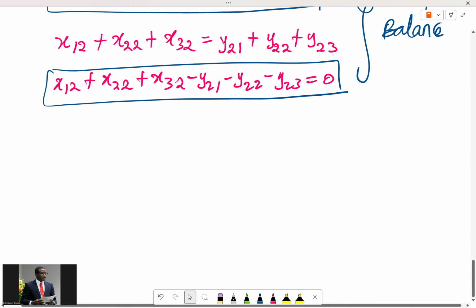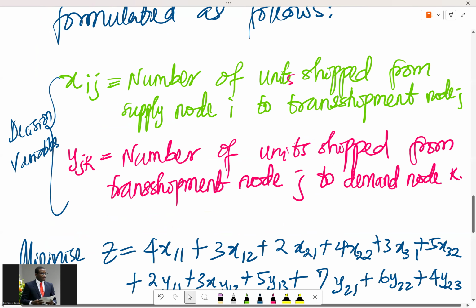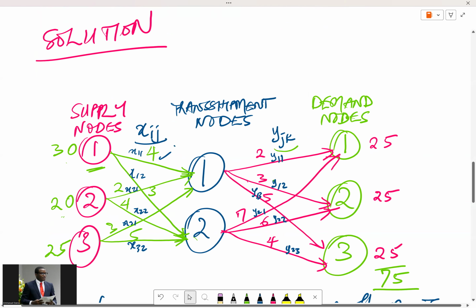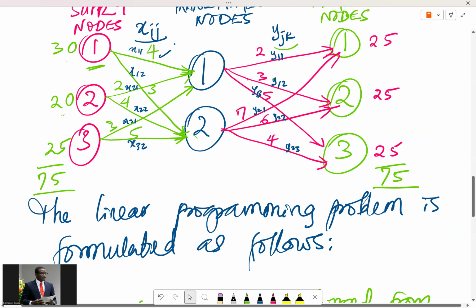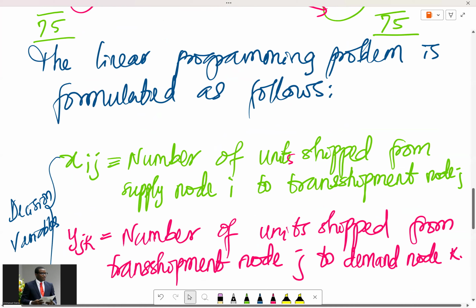Now, that's not all. We also have the third side, right? We have got constraints for supply, so we also have demand constraints. Each node can take 25. They can't take less than or more than 25 because the demand is exactly 25. But if the overall demand was higher than overall supply, then we'll be having less than or equal constraints.